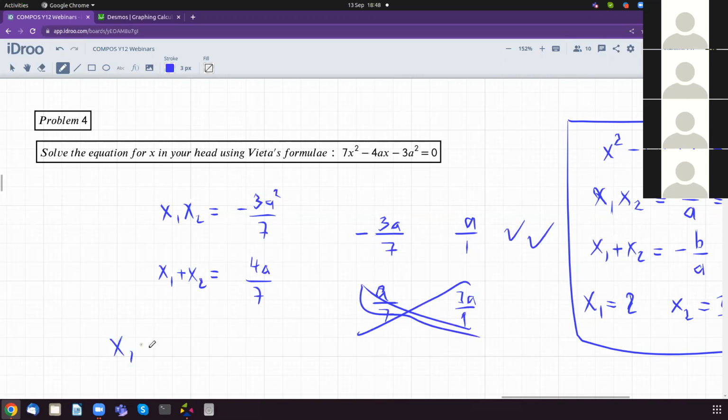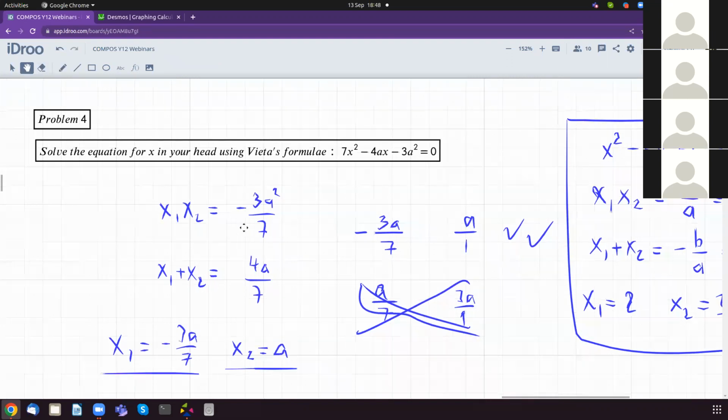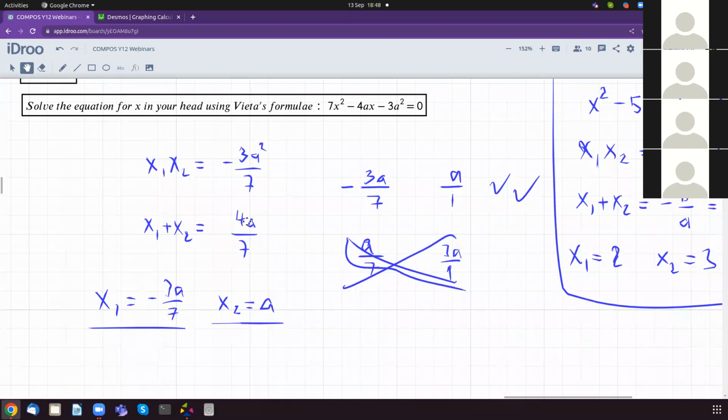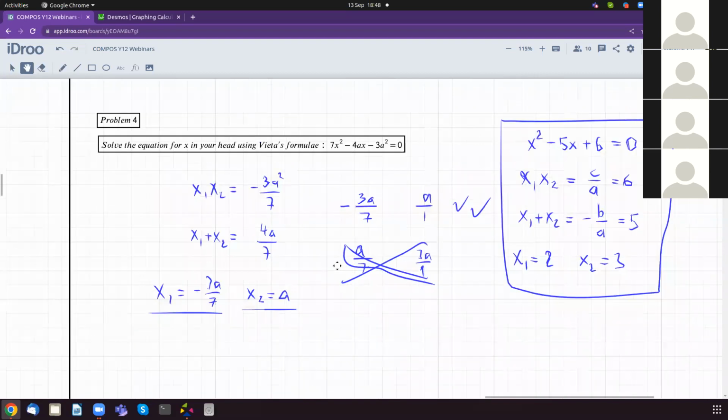So x1 is minus 3a over 7, and x2 is a. So solving quadratic equations in your head, which is great. But I do have a confession.